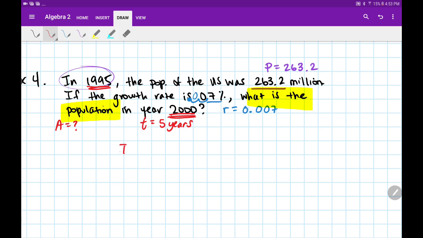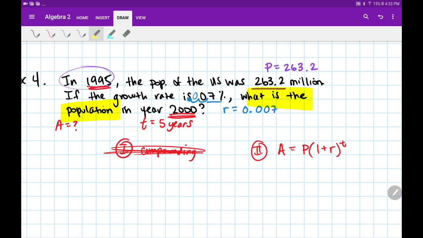Are we going to use Formula 1 or Formula 2? Formula 1 we need to see the word compounding. Since I don't see that word here, there is no N. So I'm just going to jump into Formula 2, which is A equals P(1 plus R) to the power of T. I just use the plus sign because it says it's a growth rate.